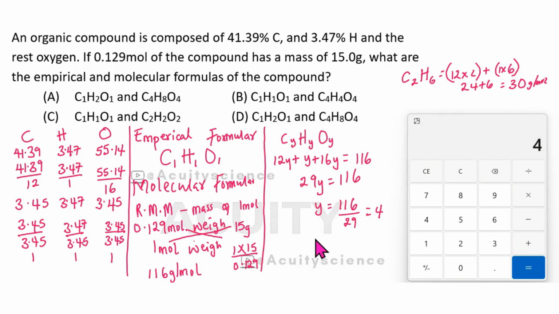Excellent. So y is 4. So we have C4H4O4. This is our molecular formula. That is our empirical formula, CHO. Our correct option is option B. Easy.